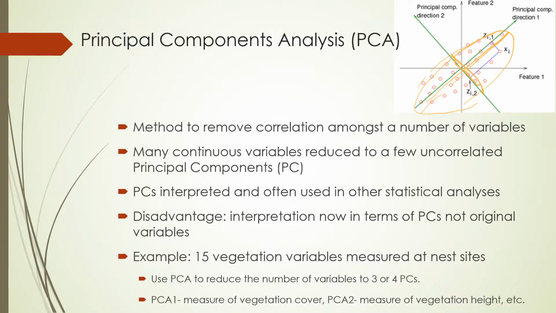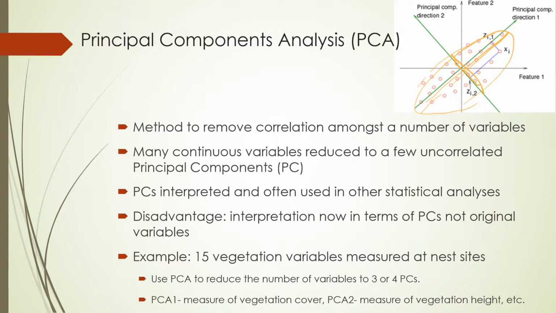So your first PCA might be a measure of vegetation height, or again, you tend to find that cover variables tend to co-vary. So your first PCA may be a higher cover of shrubs, forbs, and grasses at sites versus other sites which have lower cover of all of those things. So your first PCA may be some measure of going from low vegetation cover to high vegetation cover.